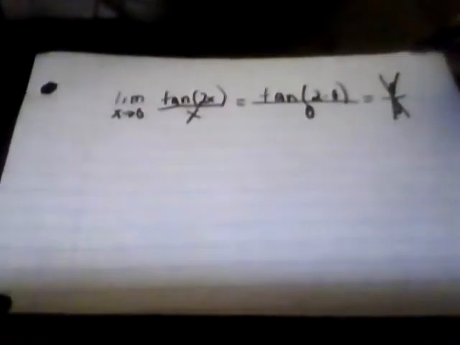Once we find out that it is 0 over 0, we know that we have to switch how the equation looks. So instead of having tan, we will have sine over cosine. Sine over cosine, we're still going to have 2x, because it's just tan 2x written in a different form.